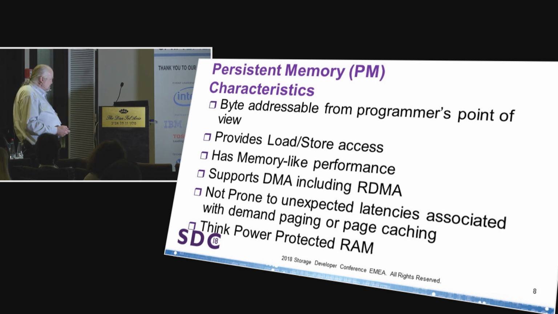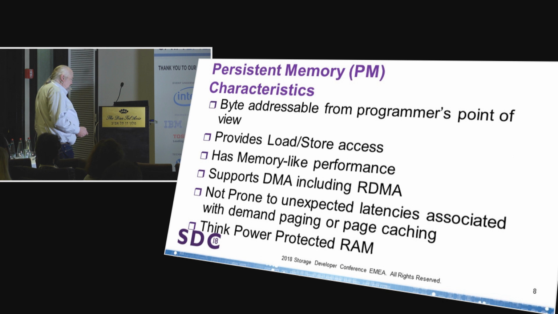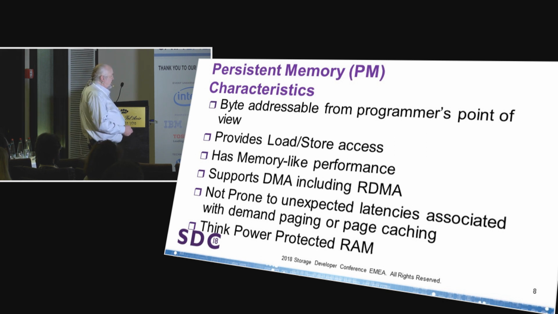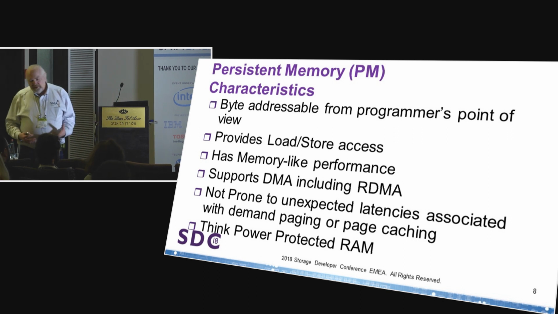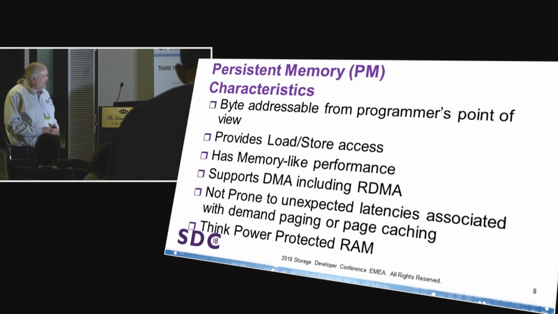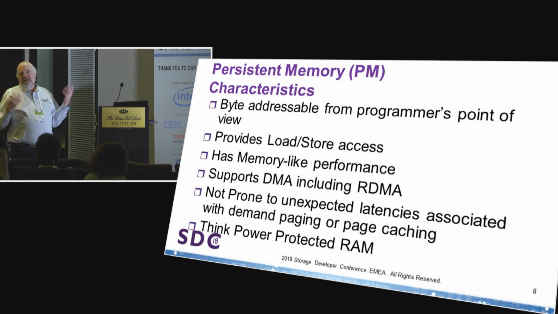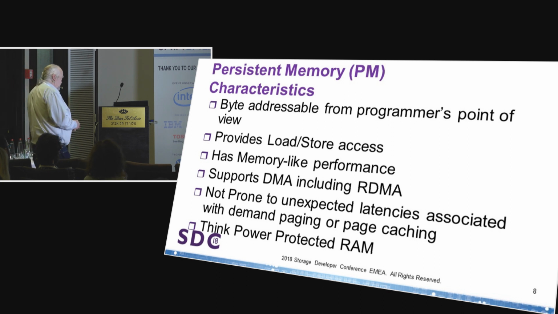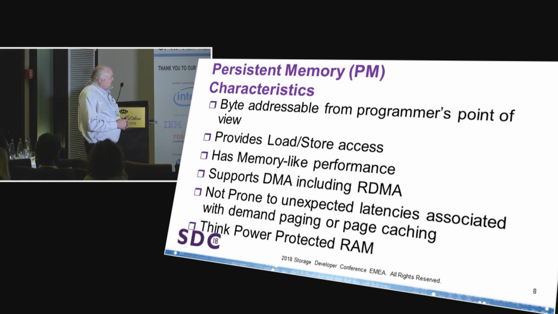Now, if you're thinking that you've got page caching going on and stuff like that, when your application gets a seg fault and it has to load stuff from an SSD or, God forbid, a hard drive, your application is just spinning there waiting for that memory to fill up from wherever the data actually lives.